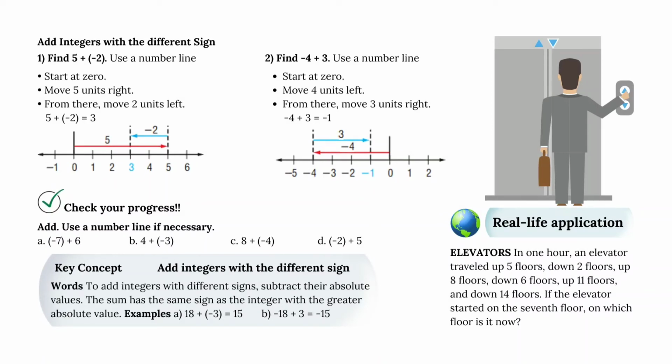Here, we subtracted 3 from 18. 18 minus 3 is equal to 15, and since 18 is the greater absolute value and has a positive sign, the result will also have the same sign. You can also check out the real-life application examples on elevators.